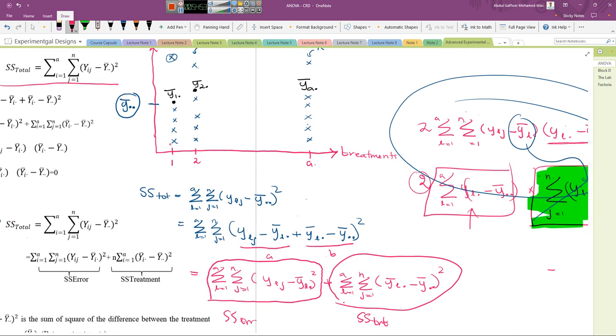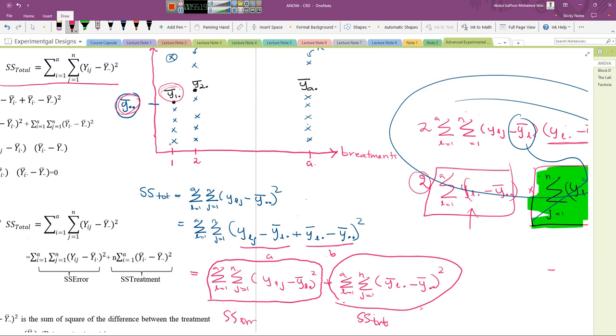From the treatment total, these are the means of treatments. If you subtract the grand mean from each and every mean of the treatments, it will give you the sum of square treatment, the variance square of treatment.